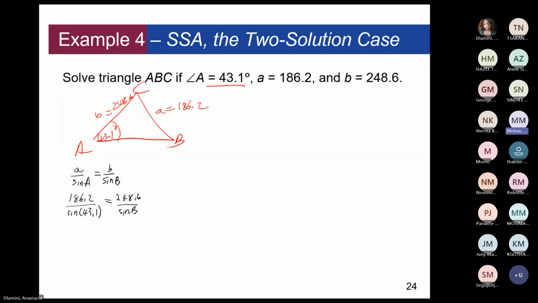We're just going to say 248.6 multiplied by sine of 43.1.